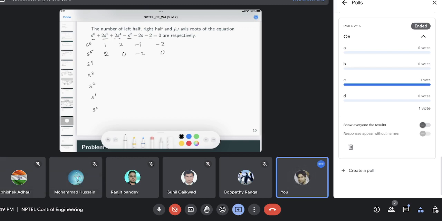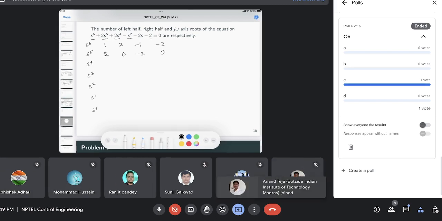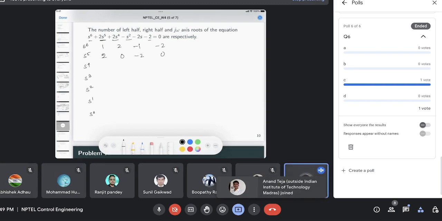Then you just complete this Routh table. So this is simply 2, this is minus 2 plus 2, 0. This is minus 4 by 2, so you have minus 2.